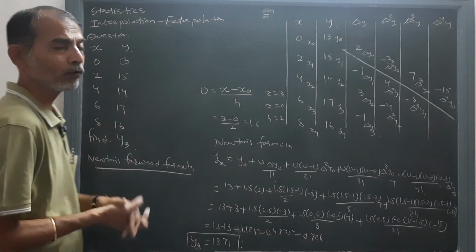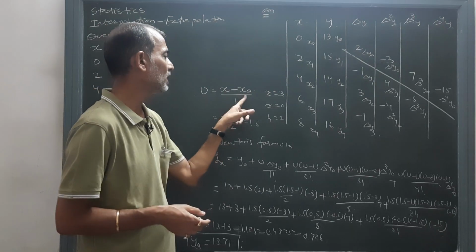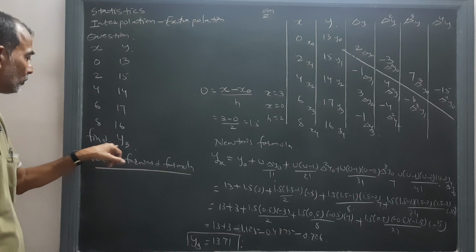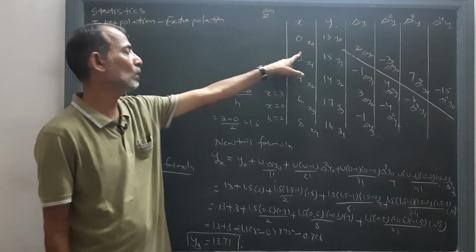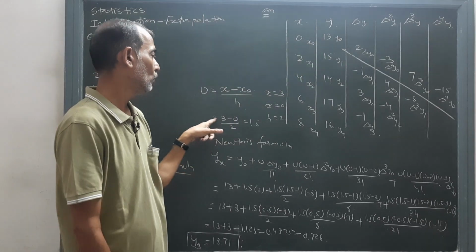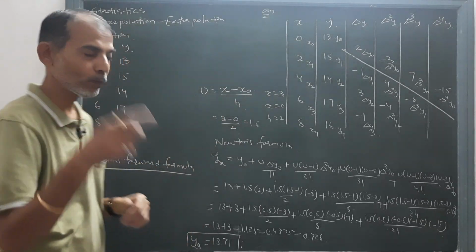First of all, we have to find u, which is x minus x0 upon h. X is equal to 3, x0 is equal to 0 and the distance is 2. So we got u as 1.5.